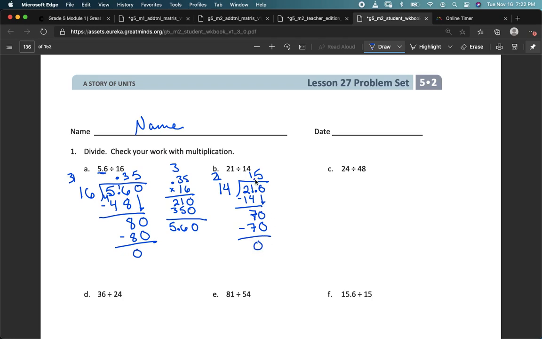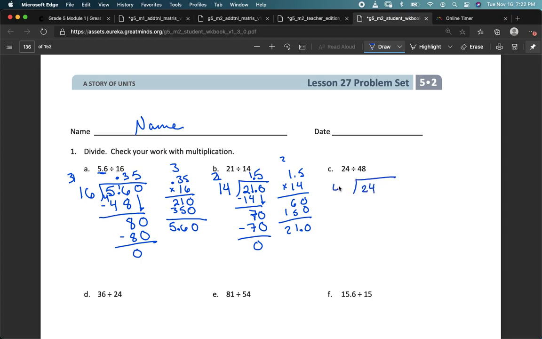My decimal point stays where it is, right there, 1 and 5 tenths. And now I'm going to do the multiplication to check my work. And I get 21, which is what I started with right there. Excellent. Next one.